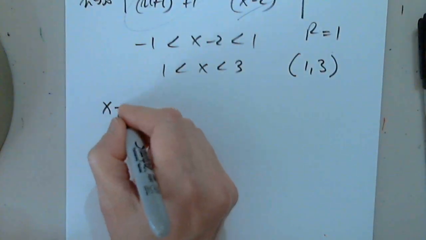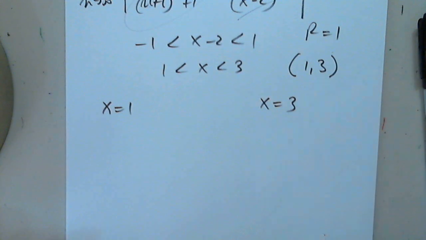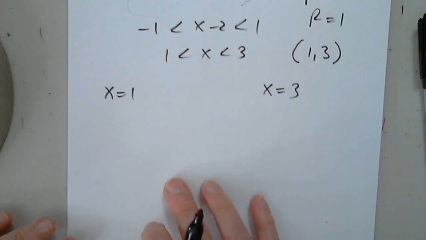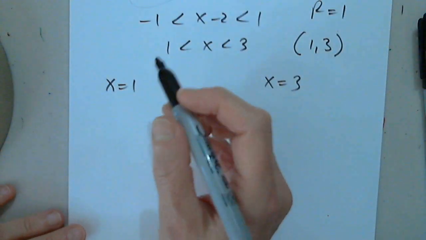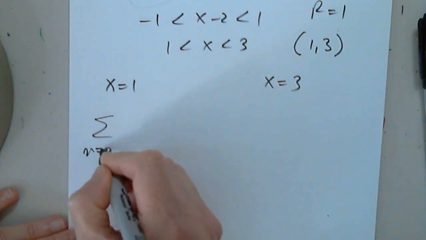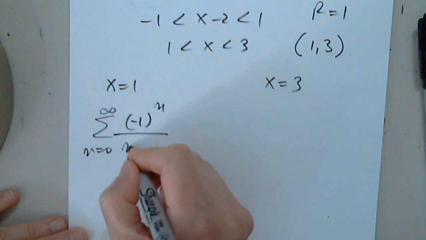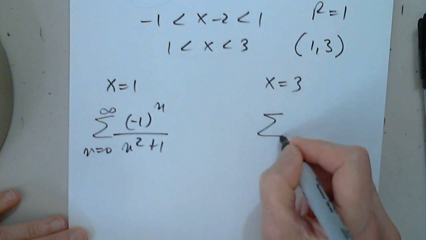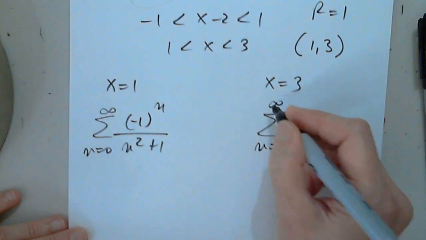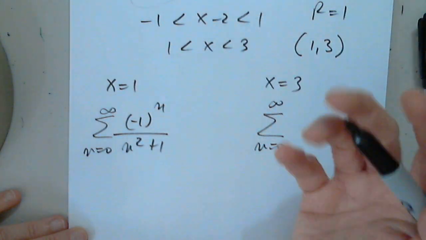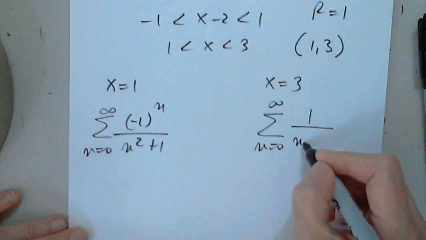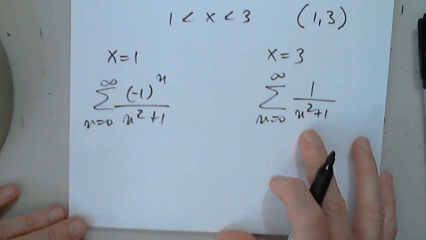However, we have not discussed x equals 1, and we have not discussed x equals 3. So let's see what happens in this case. So for x equals 1, we have the series -1 to the nth power over n squared plus 1. And for x equals 3, we have 1 to the nth power, which is 1, 1 over n squared plus 1.